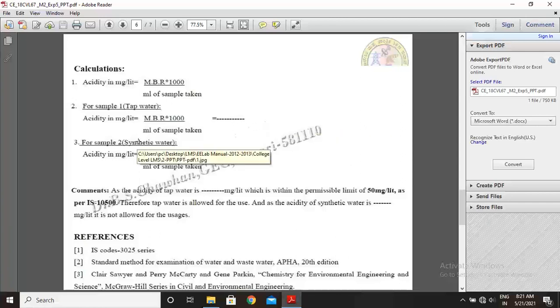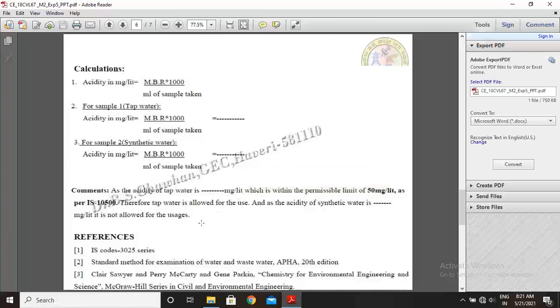For sample 2, that is synthetic water, acidity in milligram per liter equals MBR into 1000 divided by ml of sample taken. This is the sample calculation. Complete the calculations with all 3 readings for each sample.